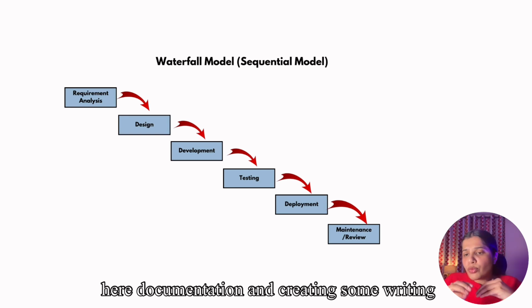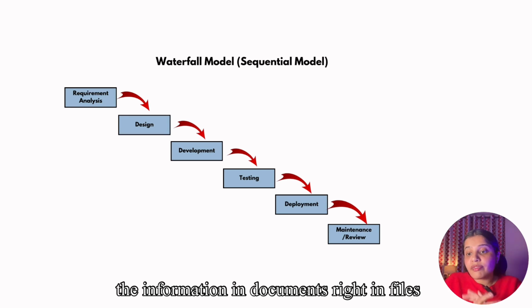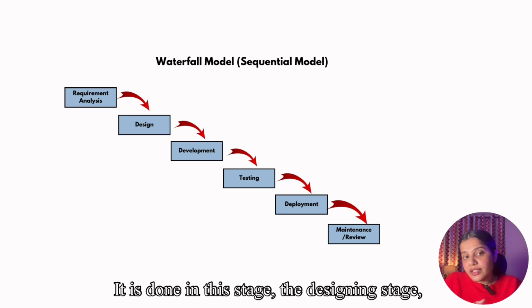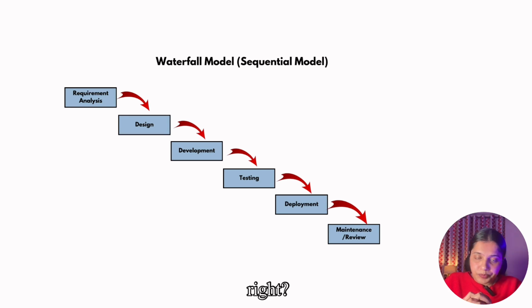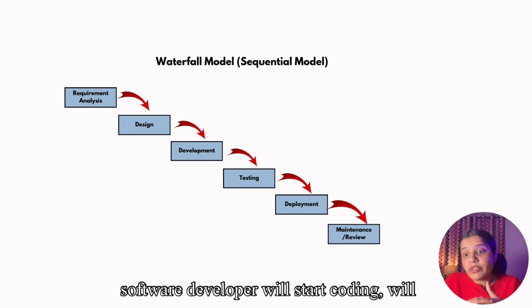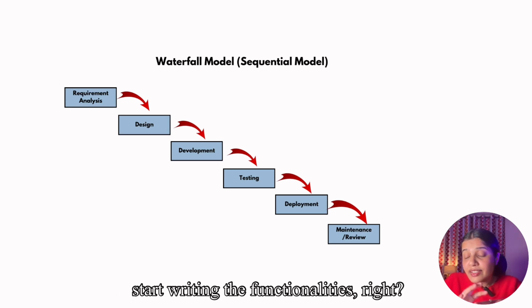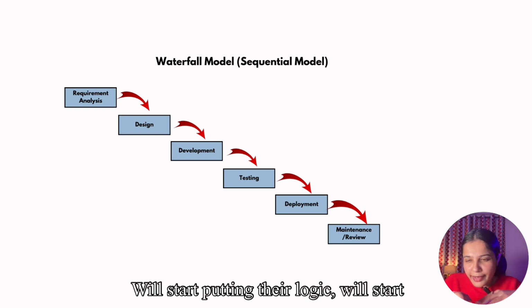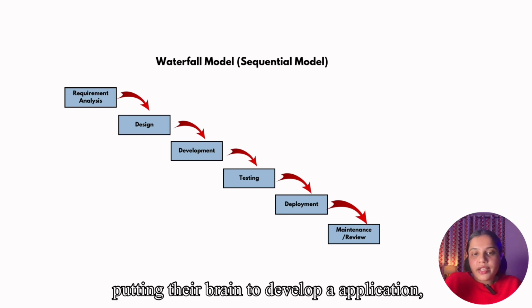So documentation and writing the information in files is done in the designing stage. Then comes the development phase, where the software developer will start coding, writing the functionalities, putting in their logic, putting their brain to develop an application, right?